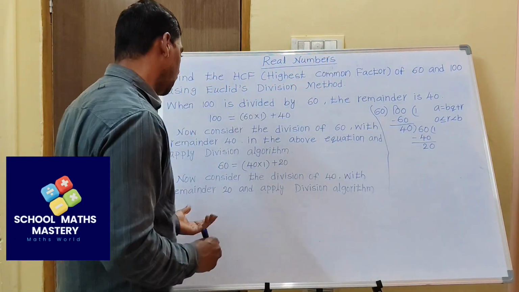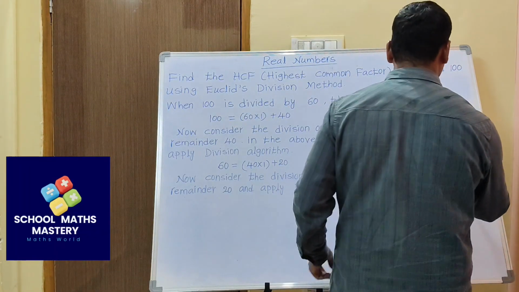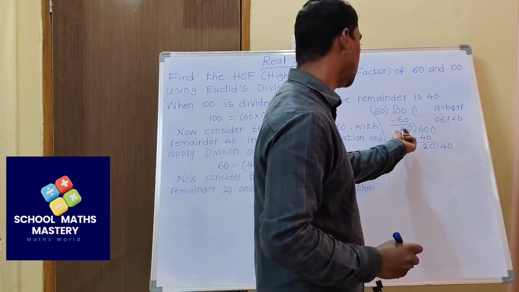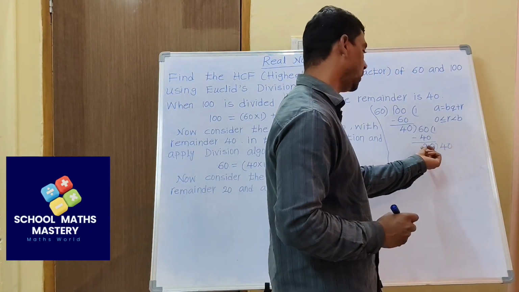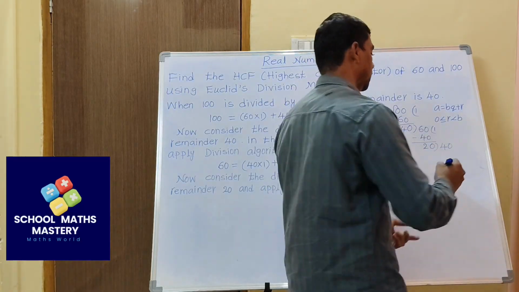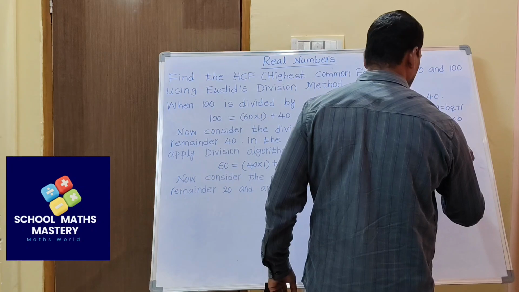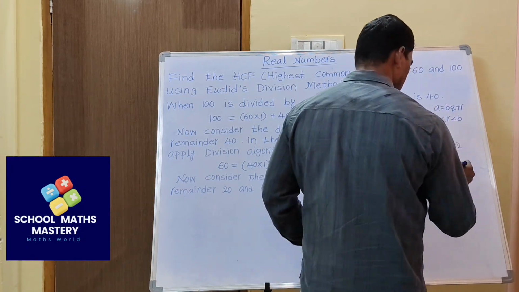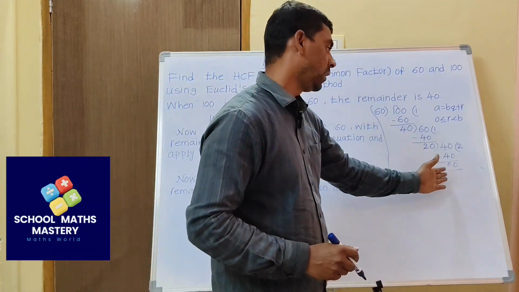Okay, now division of 40, this divisor changes into the dividend, this remainder changes into the divisor. 20 twos are 40, 0, 0. The remainder is 0. Now the problem is ended.